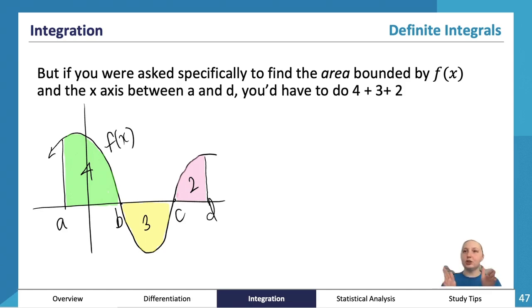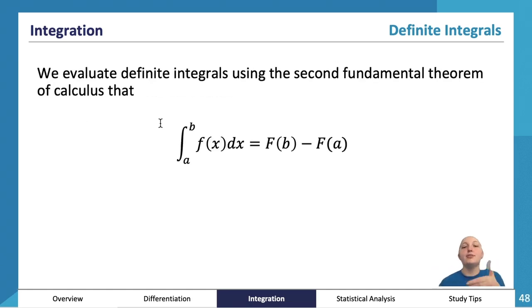Essentially thinking about it like two negatives make a positive. So if you do it like this, you will get the proper area and you'll be adding area on rather than taking it away. Okay.